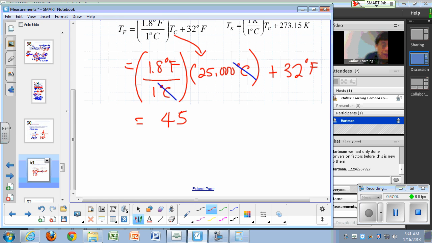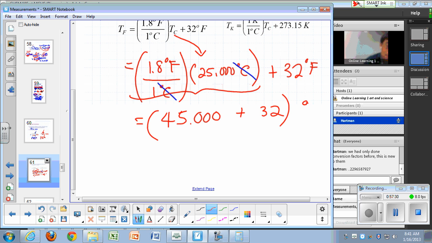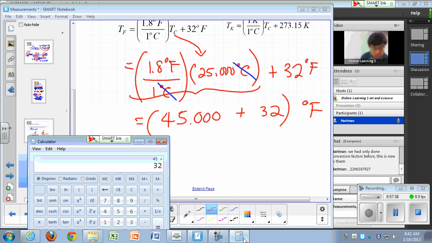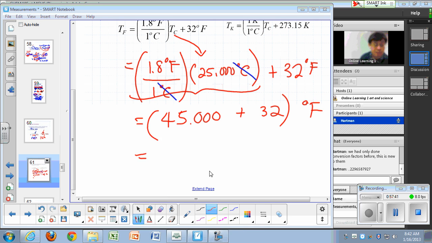How many sig figs should I keep here? 5. 25.000 has 5 sig figs, 1.8 has infinite, 1 has infinite, so this is 45.000, and then I add 32. This will give me my answer in Fahrenheit. What is 45 plus 32? That's going to be 77.